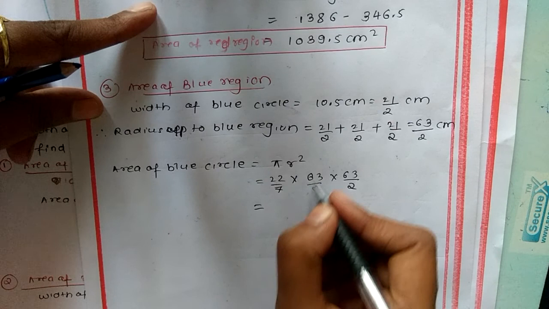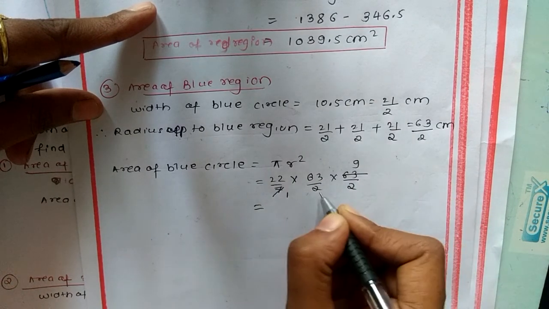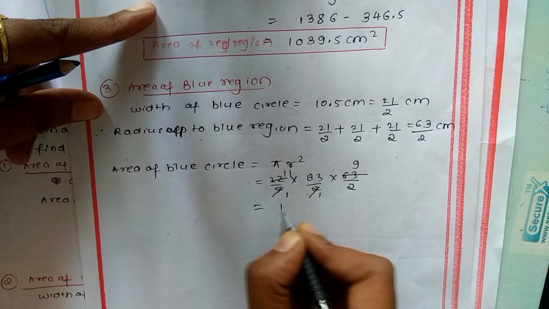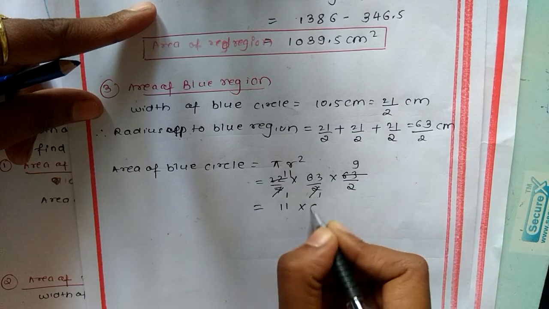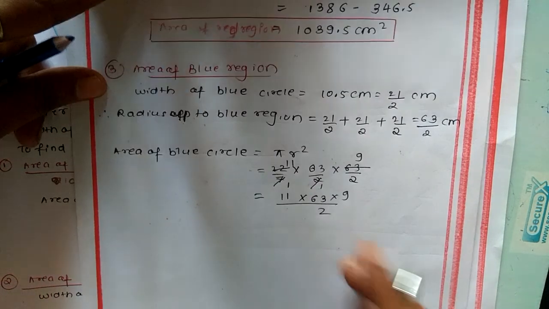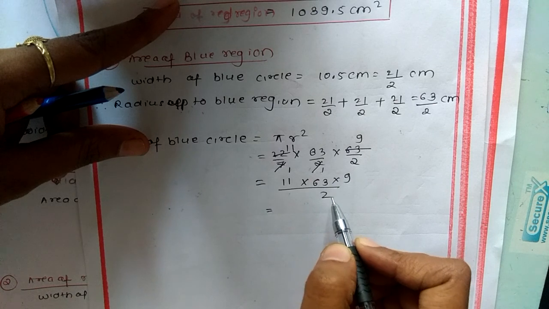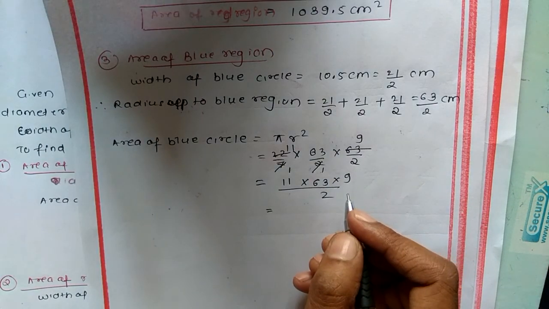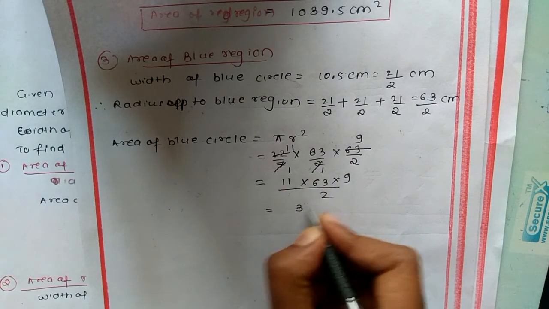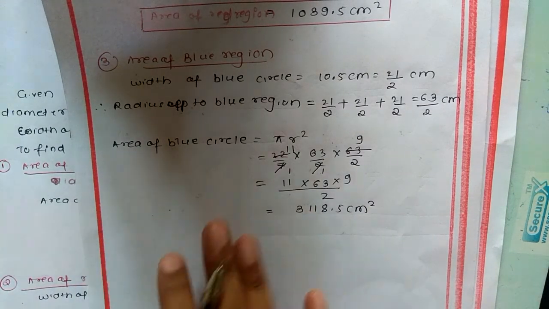So here, 7 ones are 7, 7 nines are 63, 2 ones are 2, 11s are 11 by 1, is 11 into 63 by 1 is 63 into 9 divided by 2. If you find it, definitely you will get the answer in decimals because these are not multiples of 2. So finally you will get the answer as 3118.5 centimeter square. This is the area of the blue circle.